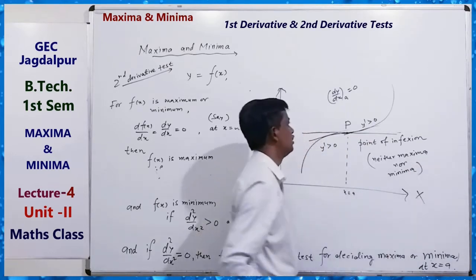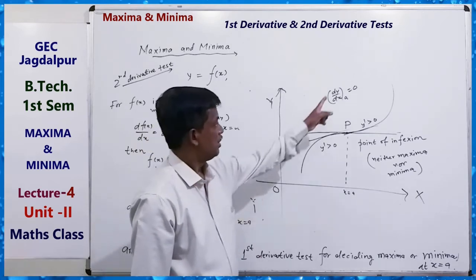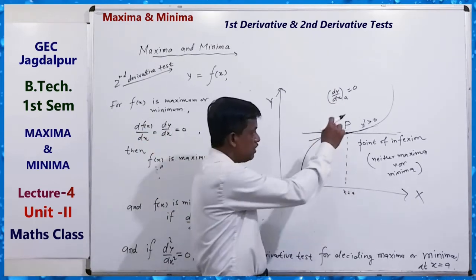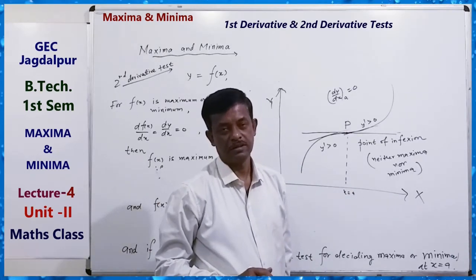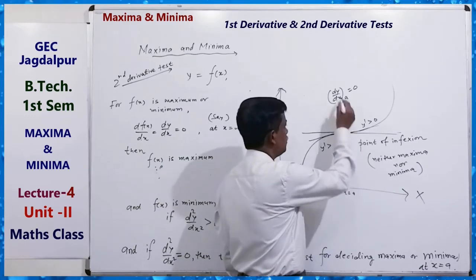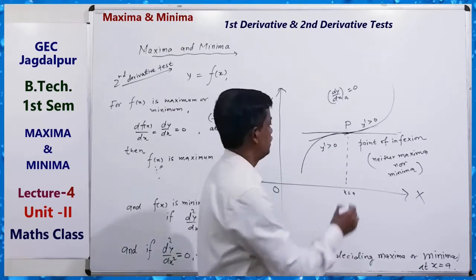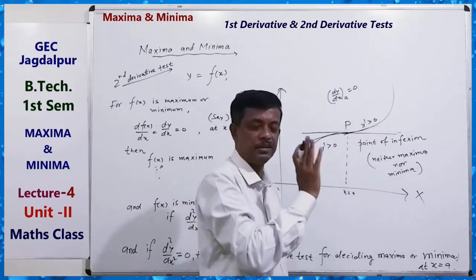Okay. In this case, the derivative of the derivative is equal to 0 at this point. The derivative has no change, it is increasing.